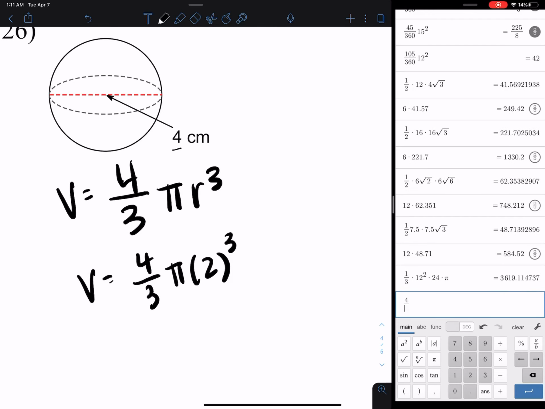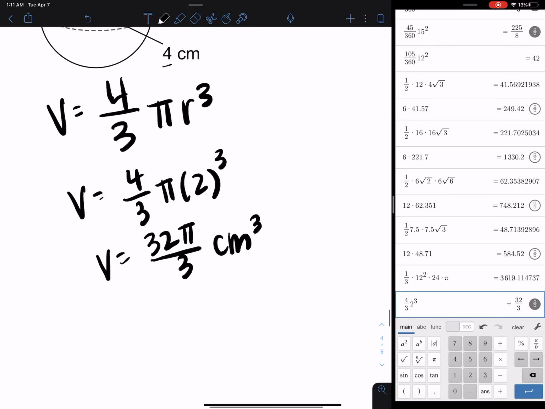So we're going to do 4/3 and then 2 cubed, that's just 8. So we have that the volume is 32 pi thirds centimeters cubed, or the way that it'll be on the test is if we multiply it by pi. So this would be 33.51 centimeters cubed.